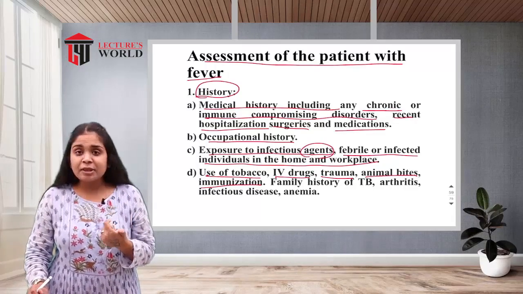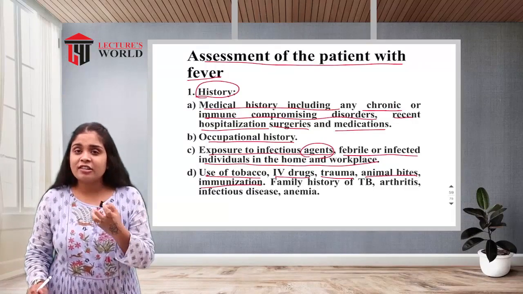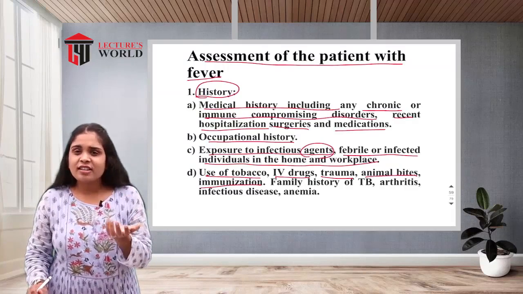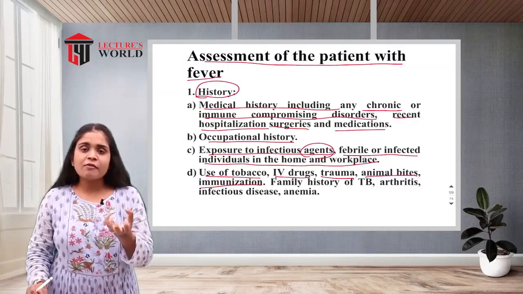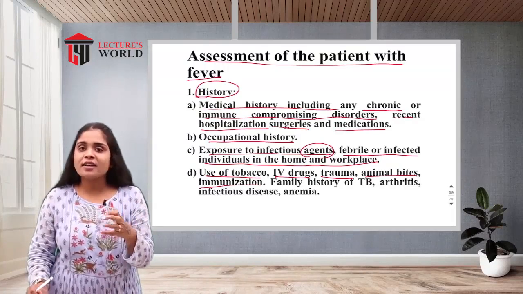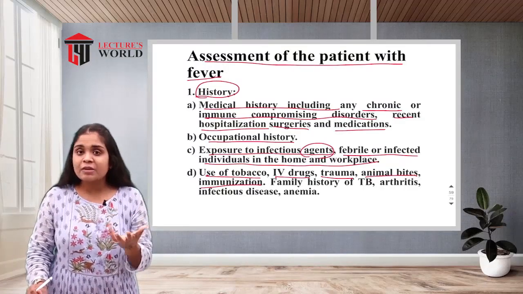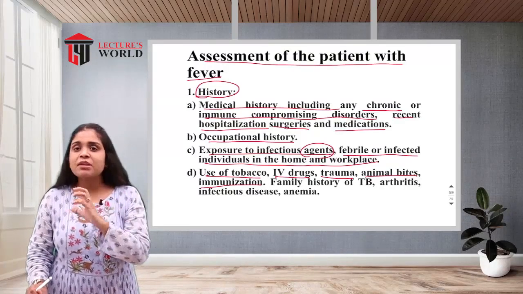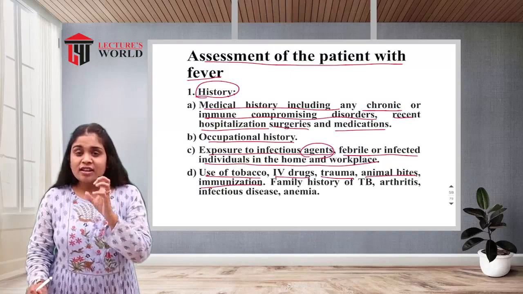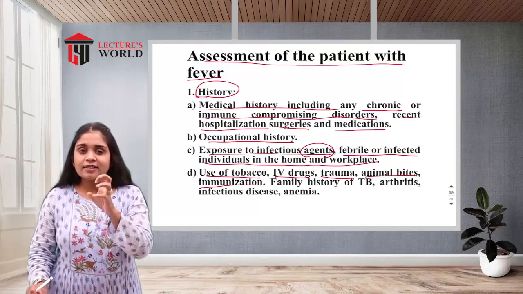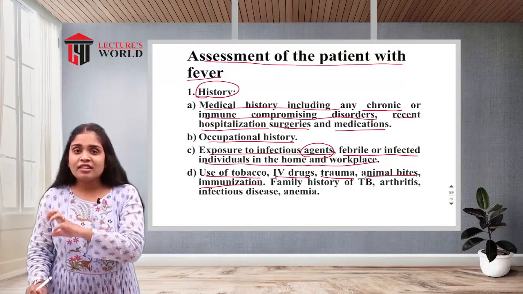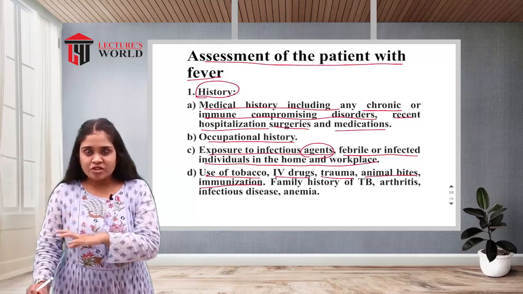Then the animal bite, like a bite from a dog or something. Some viruses can be in the saliva of that animal. So when the animal bites, all the viruses or bacteria enter the body of the patient or the human.